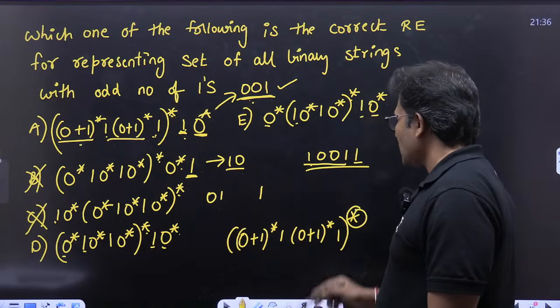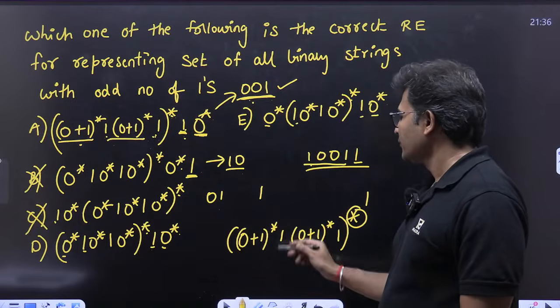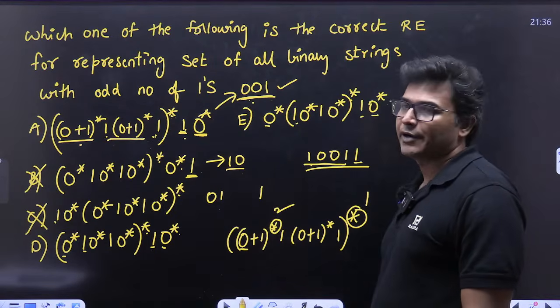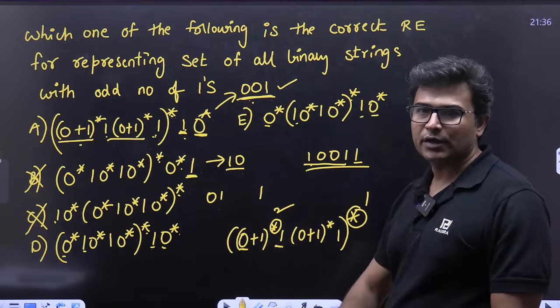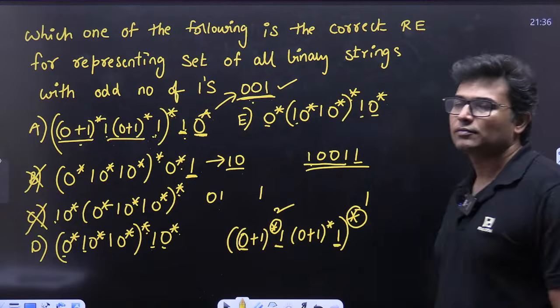So I want 0 0, I will put a 1 here and I will put a 2 here, 0 0 will be generated. Then I want only 1 1, 1 1 will be generated. But the thing is, I will definitely get one more 1.